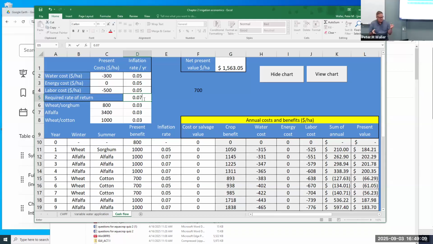I'm not going to go to all the work of putting in an irrigation system if I'm getting less than I can just get in the stock market by doing nothing. So that's the rationale. You set your required rate of return based on what else you could be doing with your money. But also due to risk. They had higher required rates of return for riskier investments.